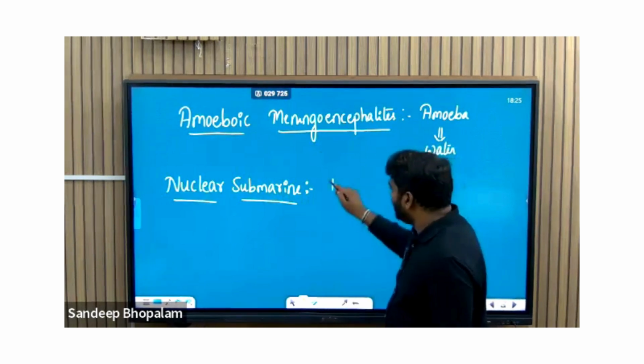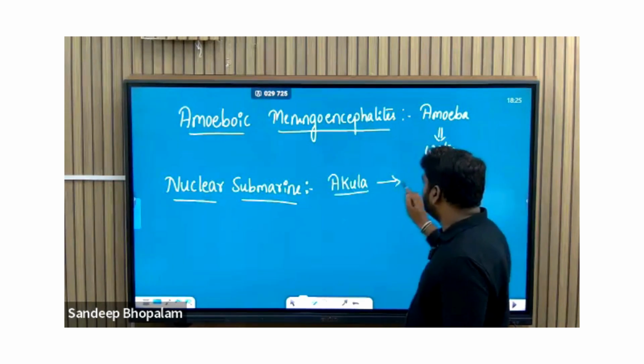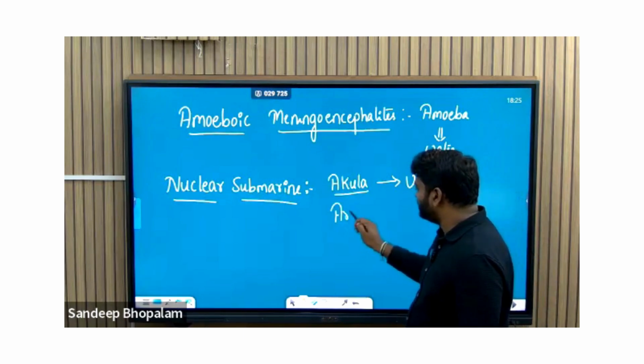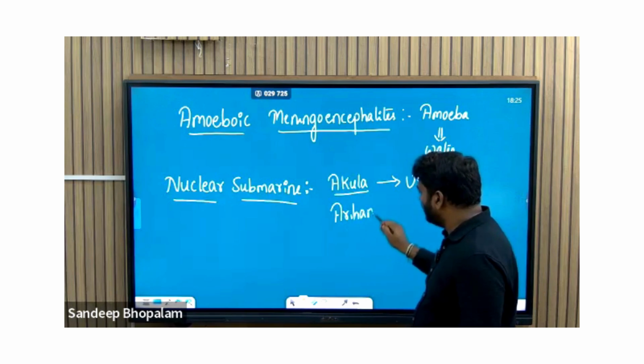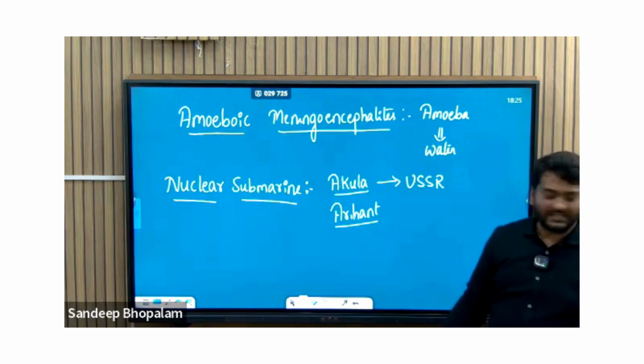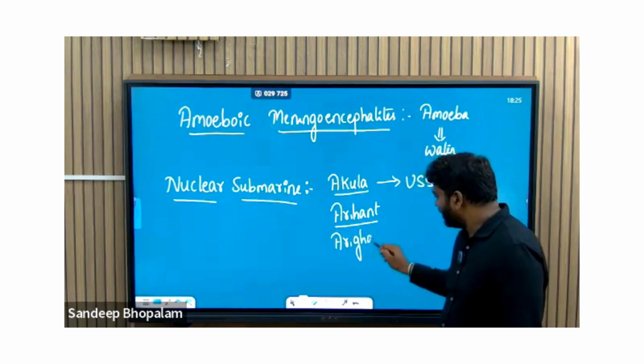Now, India actually used to get the Akula from USSR. Akula from USSR. Later, indigenously, we built Arihant. Fine? Arihant. And recently, India has commissioned Arighat. Okay?